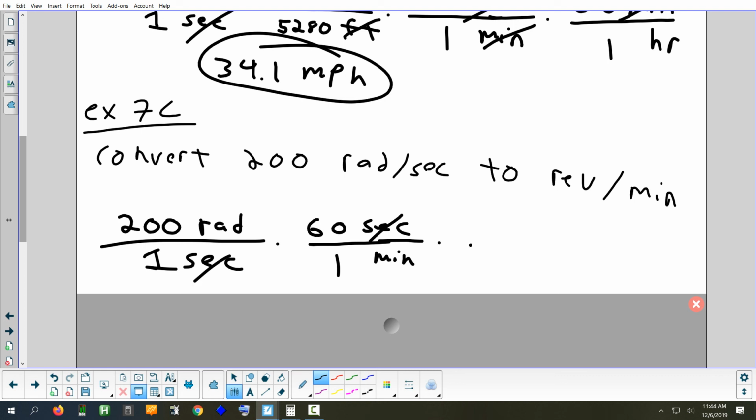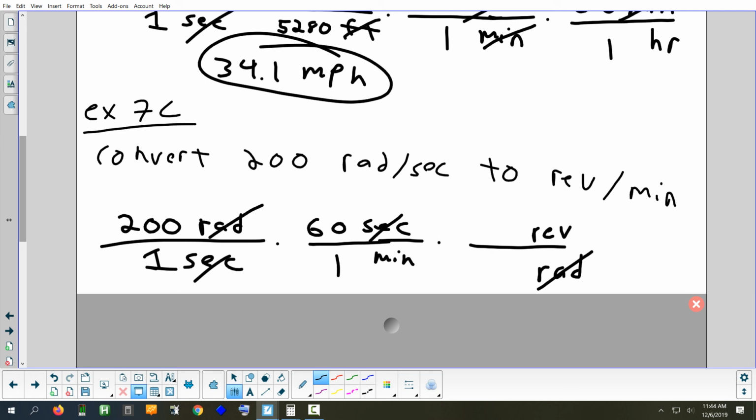Okay. Next step is to get radians to revolutions. You should know the number, but if you don't, we can at least put the unit in the right spot. Sam, where's radians going to go in this last fraction? On the bottom. Yep. Radians on the bottom, revolutions on top.